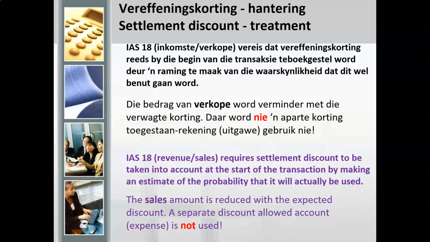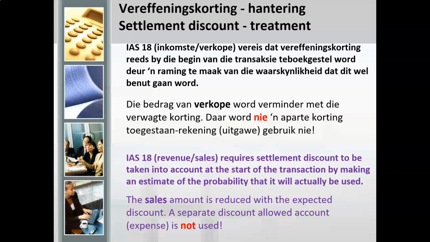But we're not going to take the full 10,000 Rand to sales, because we actually expect this guy to make use of the settlement discount, which is going to be equal to 500 Rand. So we are only going to take 9,500 Rand to our sales revenue account, and the other 500 Rand we are going to take to an allowance for settlement discount account.